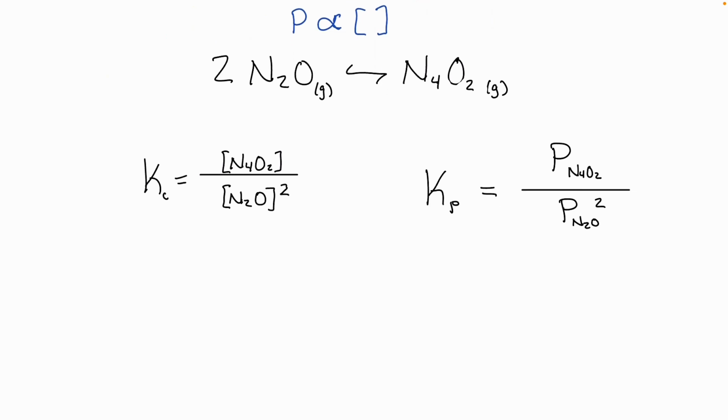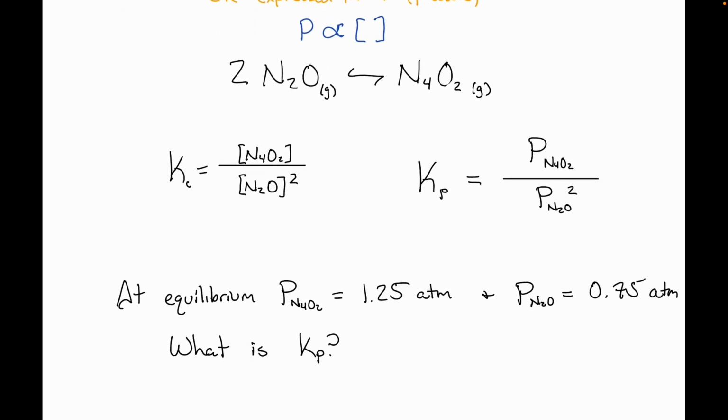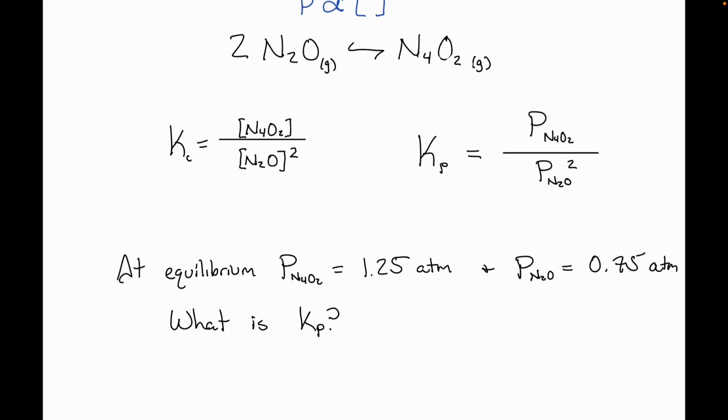So taking this same example here, if I tell you that at equilibrium the pressure of N4O2 is 1.25 atm, and the pressure of N2O is 0.75 atm. What is the value of Kp?